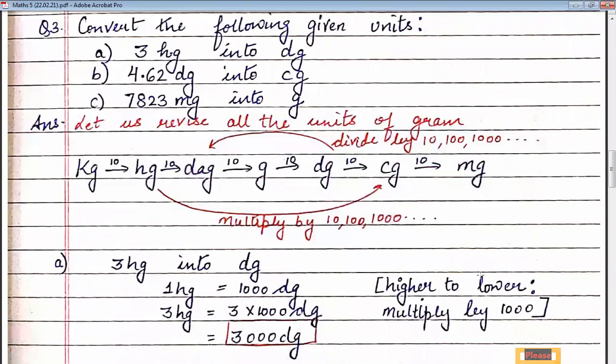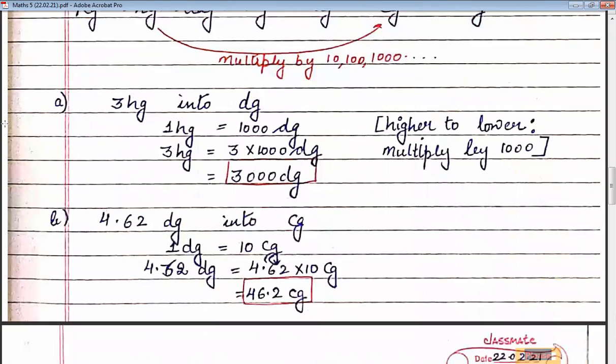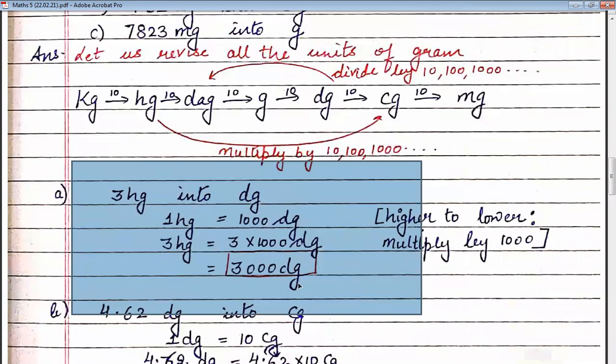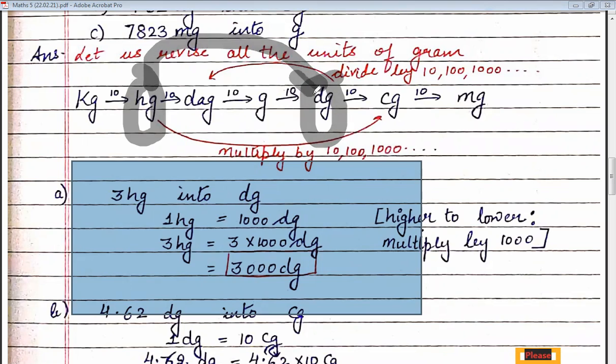So let us discuss our parts. Your first part is 3 hectogram into decigram. Okay, so now children, let's have a look. This is your hectogram and this is your decigram. So you are converting a higher unit into lower.